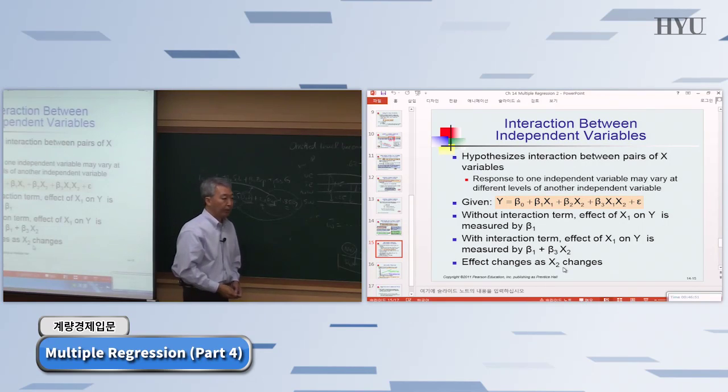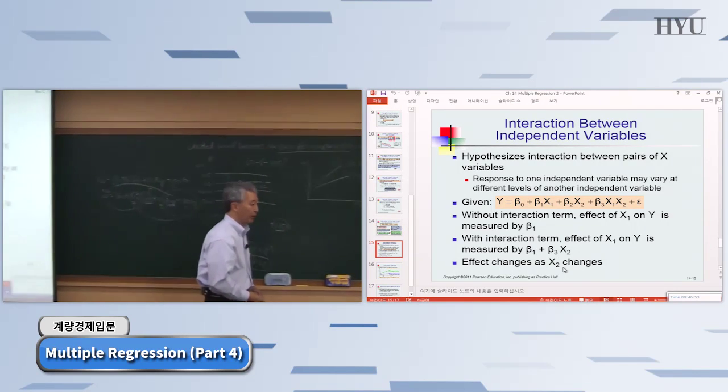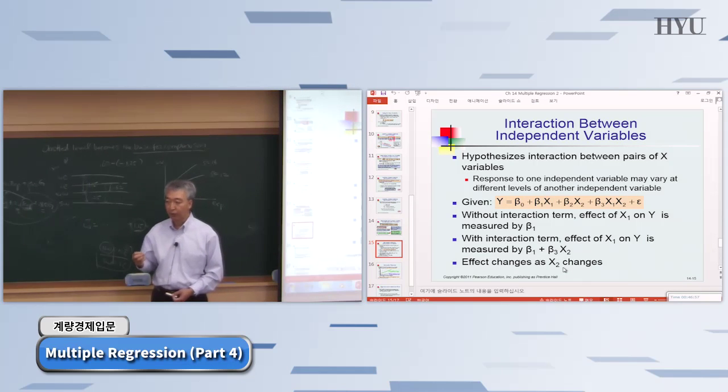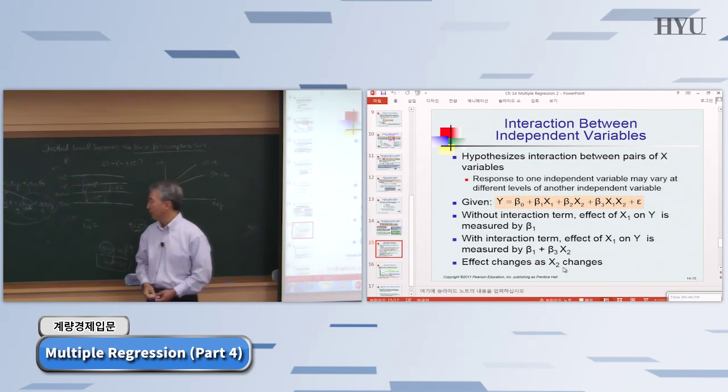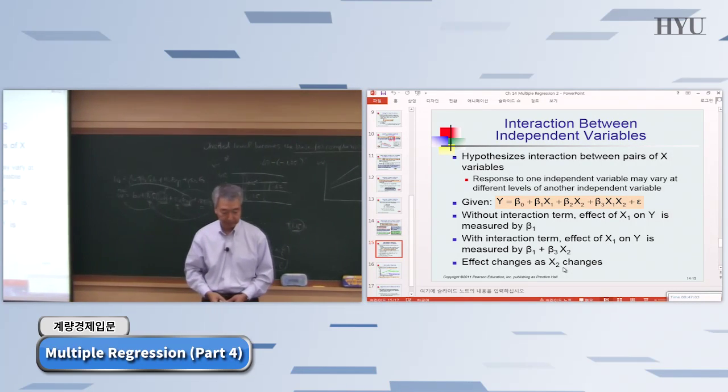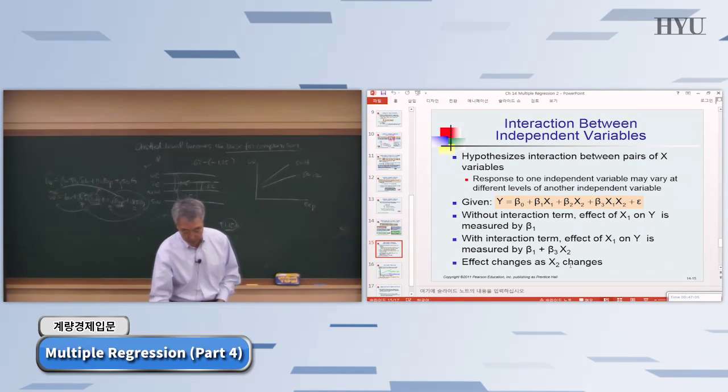Okay. So how do we include this consideration in our estimation? Well, we include an interaction term. Interaction term is simply the multiplication or product between the two independent variables.